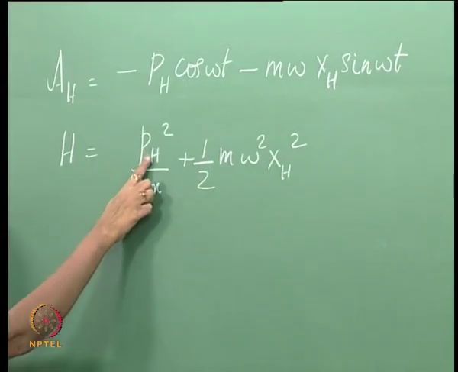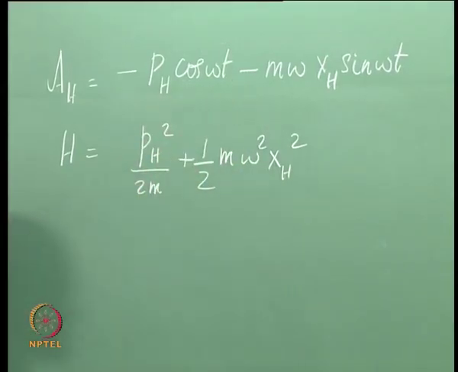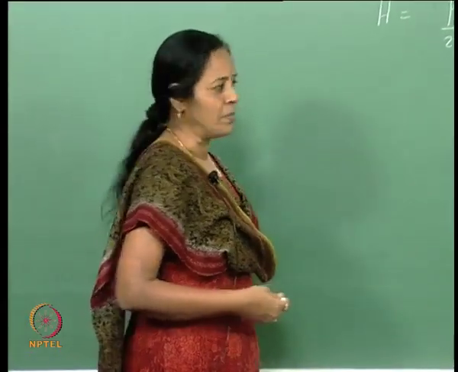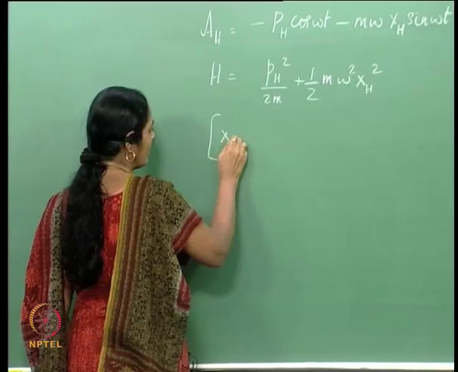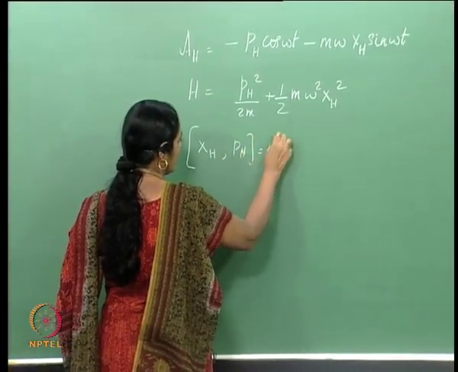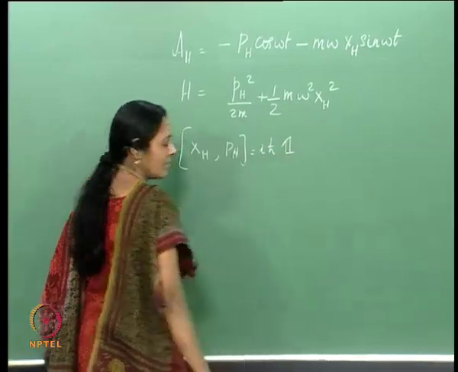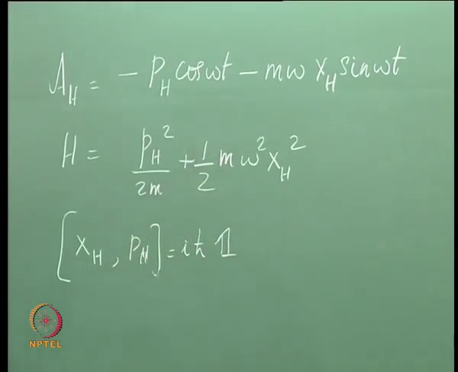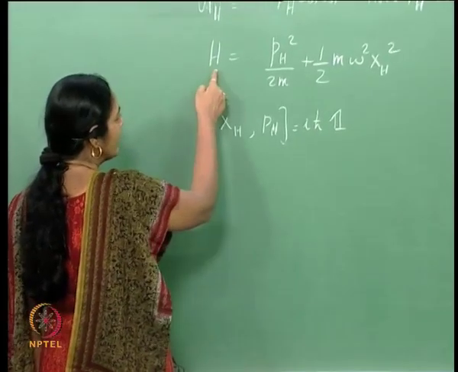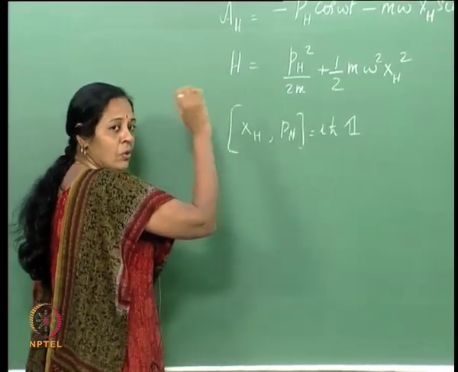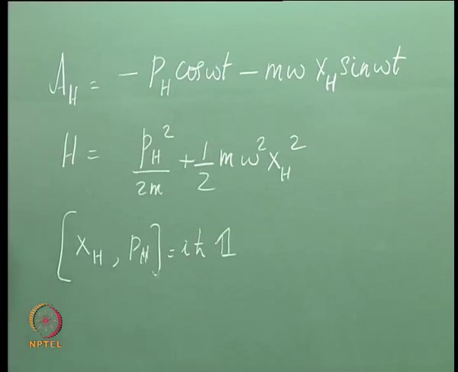Please remember that the Heisenberg picture operators are unitarily transformed versions of the Schrodinger picture operators. Therefore, this is certainly true. The Lie algebra holds in whichever picture you are in. I did not write H sub H because, as I have already told you, the Schrodinger picture Hamiltonian is the same as the Heisenberg picture Hamiltonian.